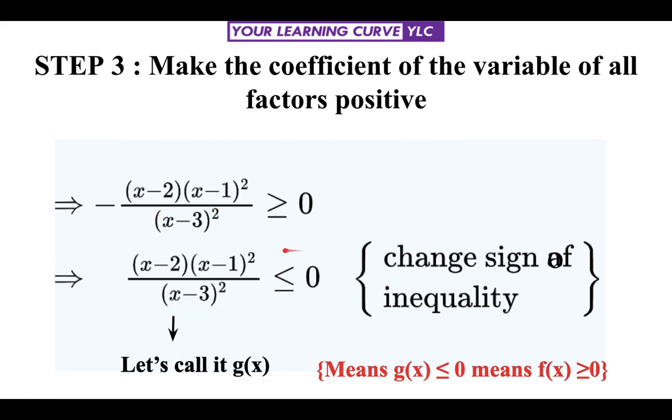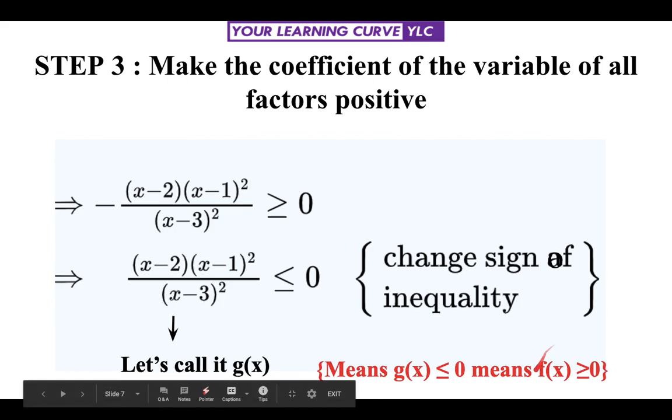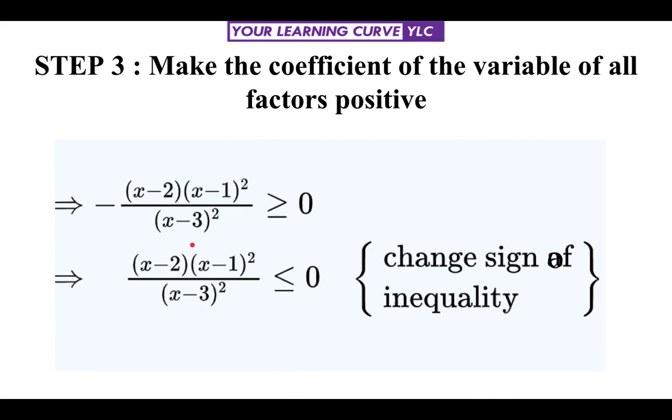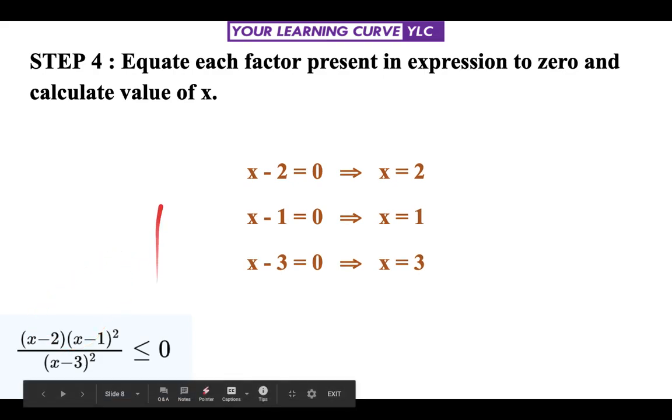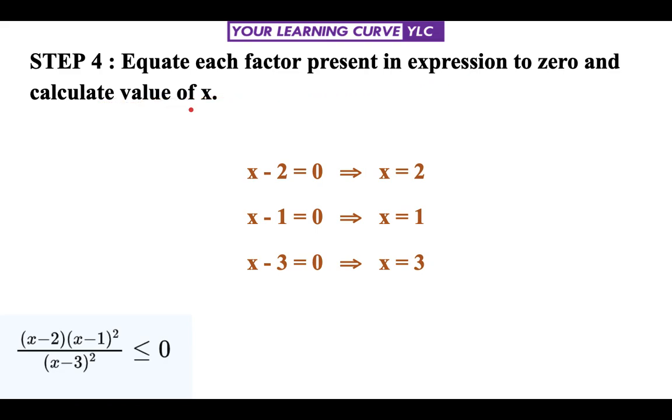So now we will be calculating the sign of this function, and we will note down the negative ones, and for those values of x for which this g of x is negative, the f of x will be greater than or equal to 0. The next step involved is you have to find the values of x for which all these factors become 0. You have to equate each factor present in the expression to 0 and calculate the value of x, the values of x which make each factor 0.